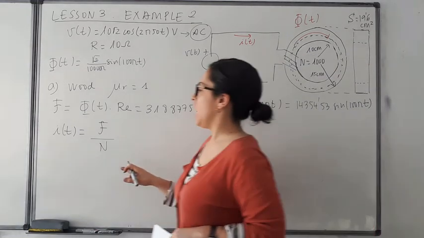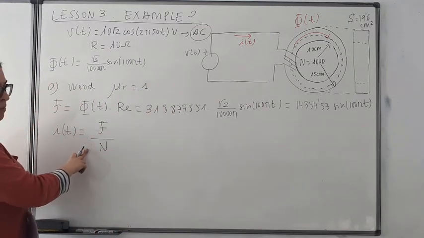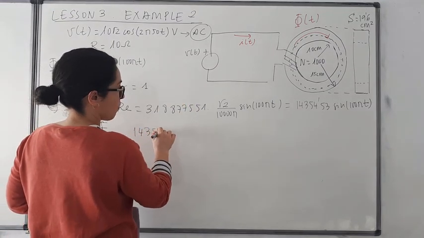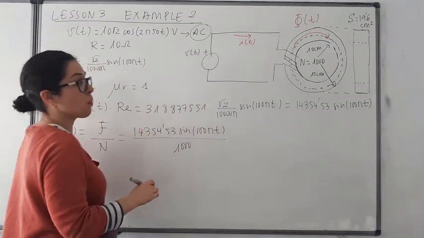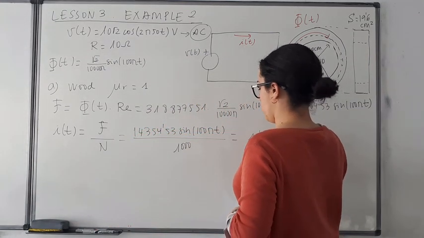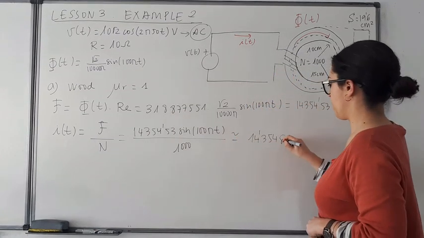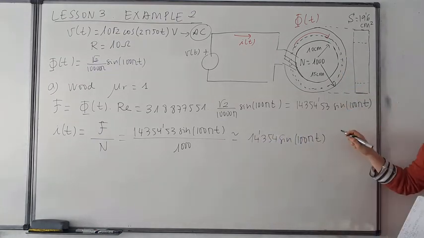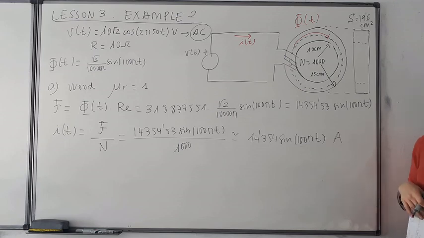Then, as the current is the electromotive force divided by the number of turns, you need to divide that electromotive force by the number of turns, which was 1000, okay? So the current now would be approximately this one. So that is the current when the magnetic core is made of wood, expressed in amps.